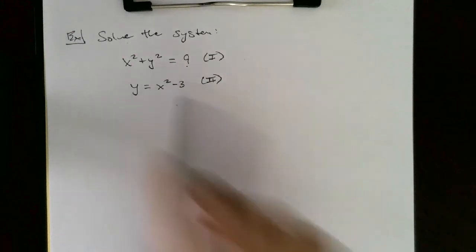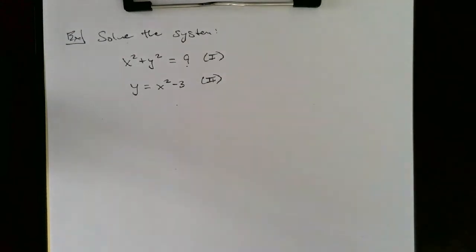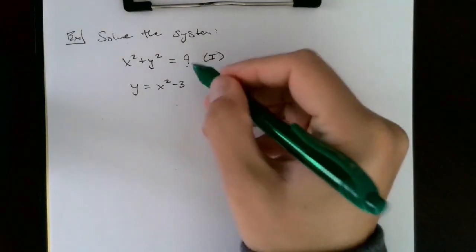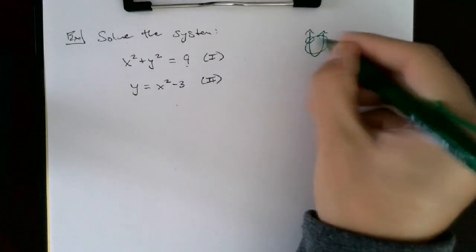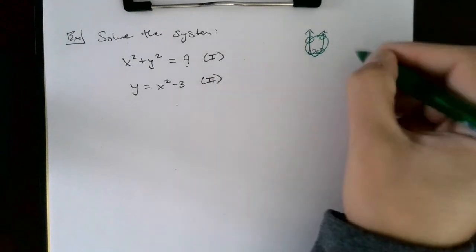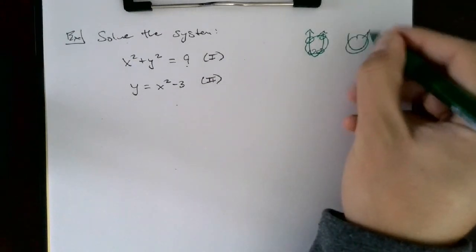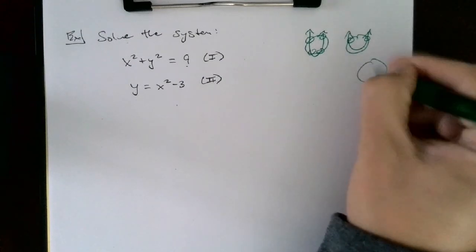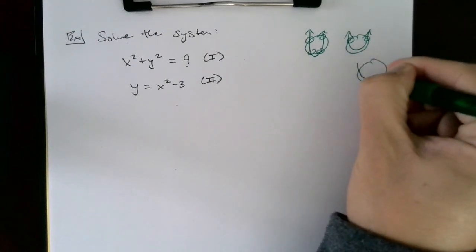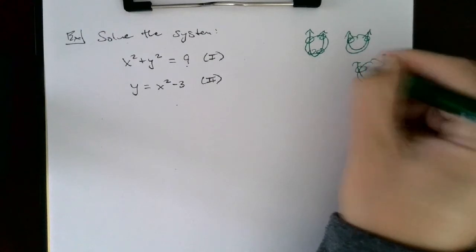So it's a parabola and a circle, but think about what could happen in these cases. I could have the circle and the parabola going through it. In this case, the way I drew it, it could intersect 4 times. You could have it so it intersects just twice. You could have it so the parabola actually lands on the circle, and you could intersect 3 times.